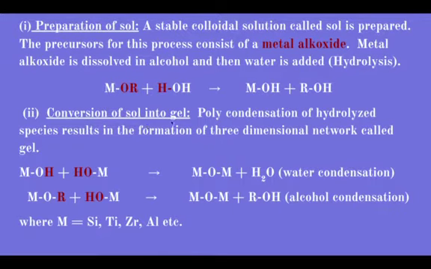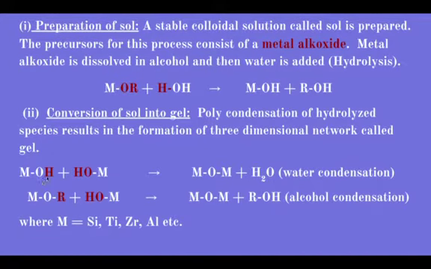Now next step is conversion of sol into gel. Here polycondensation of hydrolyzed species results in the formation of a three-dimensional network called gel. The hydrolyzed species is metal hydroxide, which will undergo polycondensation. That means many condensation reactions will be taking place.